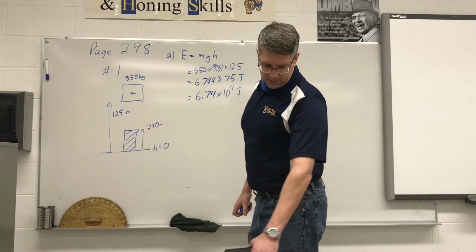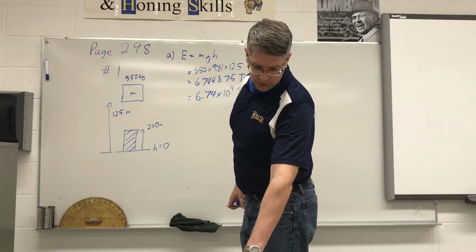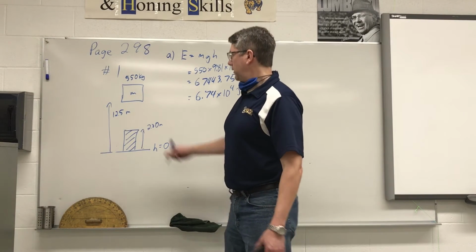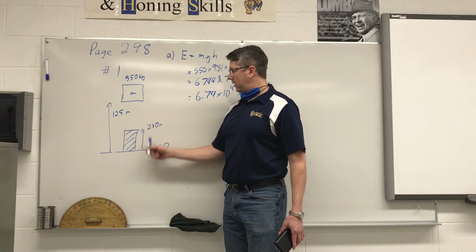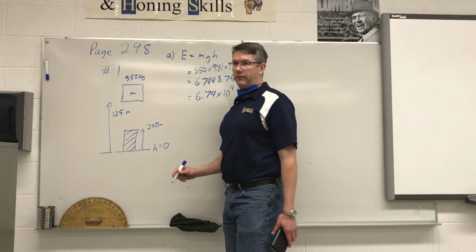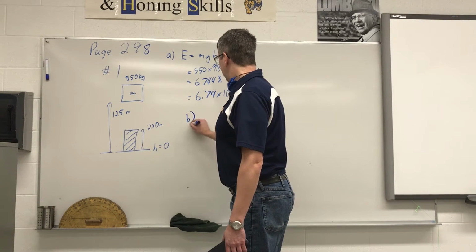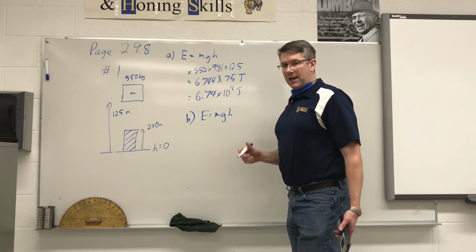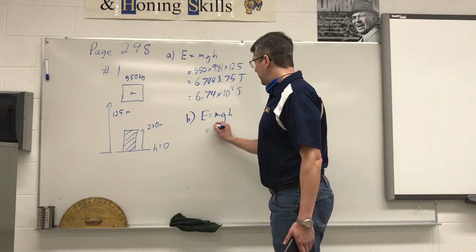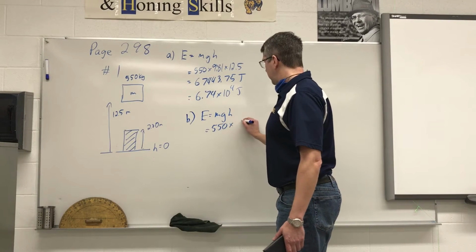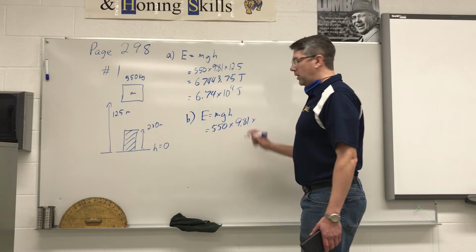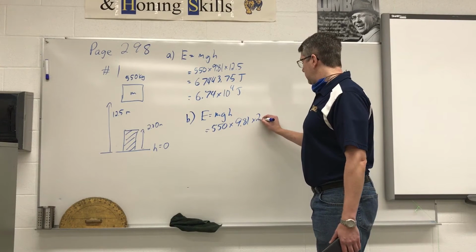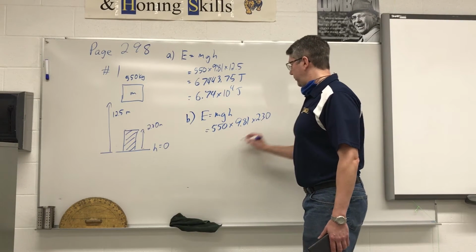Part B asks us, what is the gravitational potential energy at the lowest point? So the lowest point is when the mass has hit the pile and it's only 2.3 meters above the ground. So same equation, mass times gravity times height. Our mass is 550 kilograms, g is 9.81, and our height is 2.30 meters.